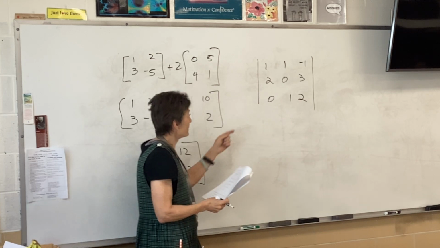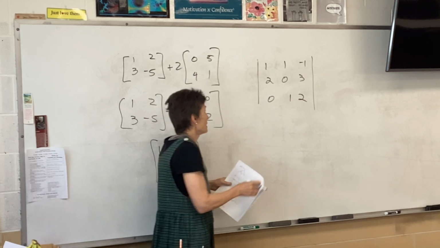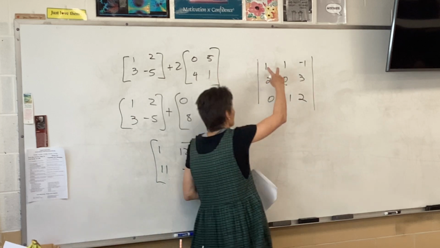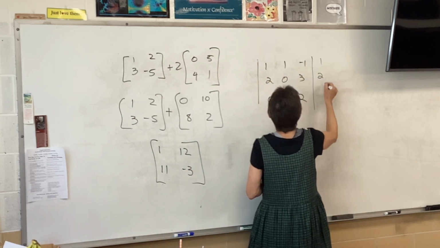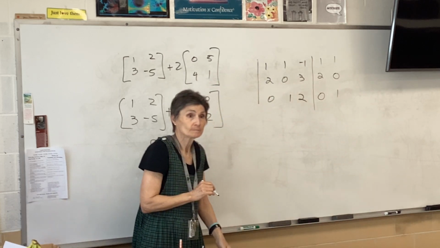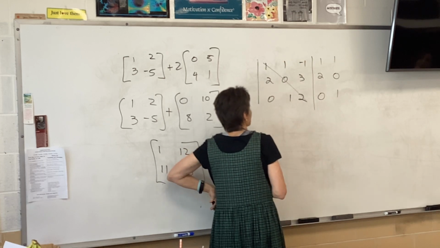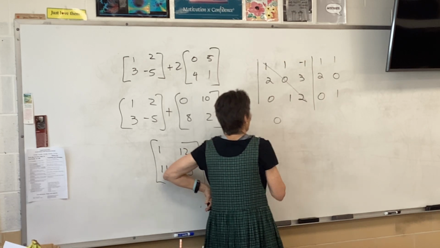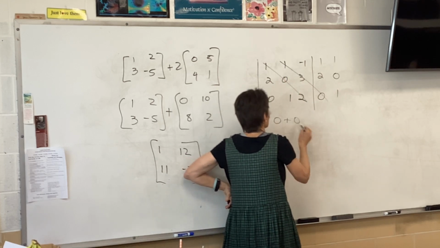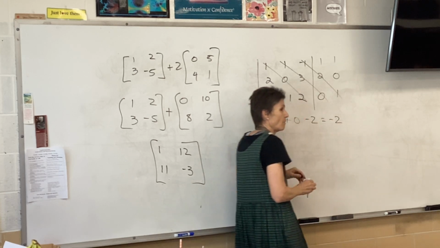All right, so the determinant, sometimes we use vertical bars for that. Anybody remember how to do this? Take the first 2 columns and write them over here. Look familiar? And then what do we do? Diagonal. Multiply. So we're going to multiply those and get 0. And we're going to multiply these and get 0. And we're going to multiply those and get negative 2. And then we're going to total all that up.